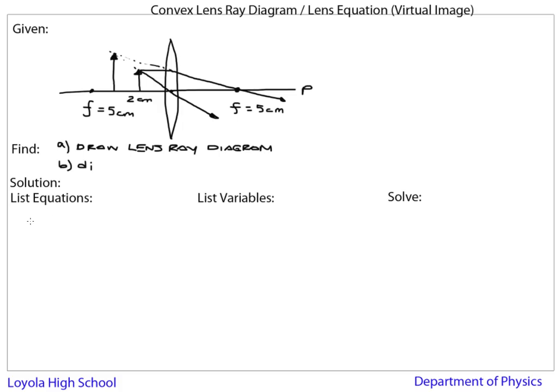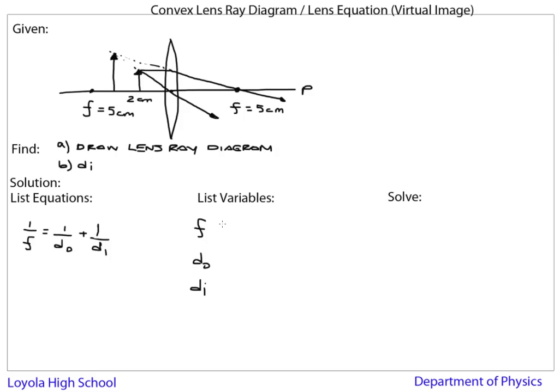We list the equations, so I'm going to say 1 over F is equal to 1 over dO plus 1 over dI. And then we are going to list the variables. So I'm going to list the script F for the focal length, dO, and dI.